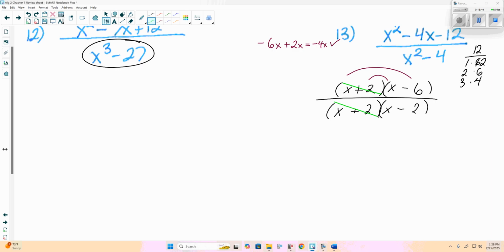X plus 2 on top and bottom, which we can simplify out, leaving us with x minus 6 over x minus 2. Now, we don't necessarily need parentheses around them since it is a single term, but sometimes it's helpful to remember that those x minus 6 and x minus 2 are stuck together as a single term.